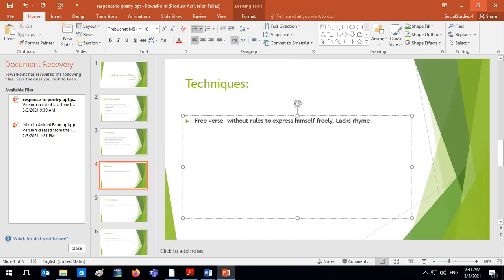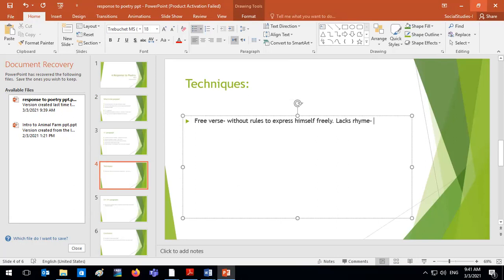Why does he not use rhyme in the poem? Because rhyme usually makes the poem sound very playful and cheerful, and this is not a cheerful poem. It's very sad and gloomy, as it talks about the death of the victims of 9/11.